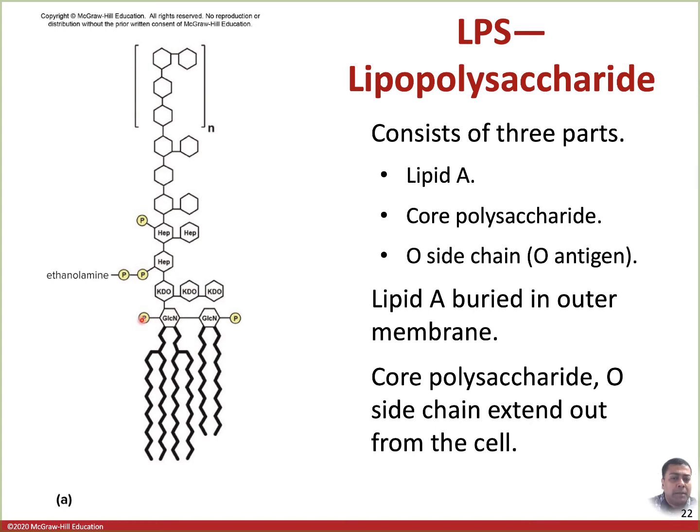These are glucosamines, then 2-keto-3-deoxyoctonate, then heptulose, and then the O side chain of the O antigen. The core polysaccharide and the O side chain extend out from the cell. This is the outer part, and this is the anchor.